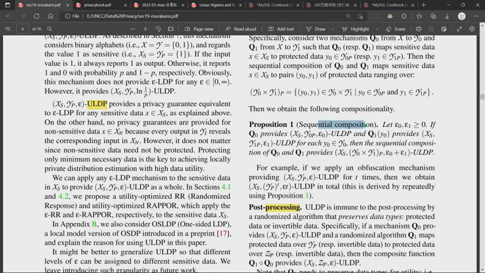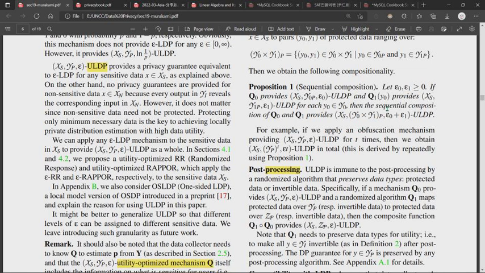Sequential composition says: Q0 after Q1 other than Q0. If Q0 provides this ULDP, and Q1 provides this ULDP for each Y0, for each row of data, then the sequential composition of... I forgot again.